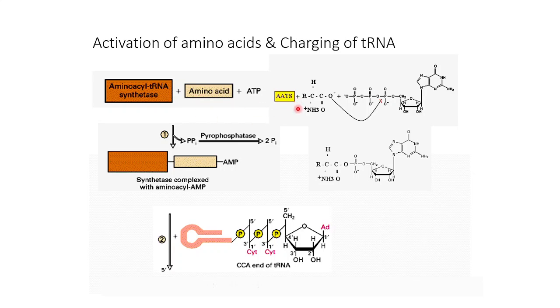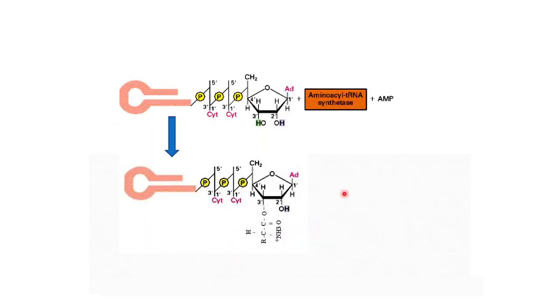So it is using this first. You have to charge the tRNA with that particular amino acid, okay, and then what you see over here is that it is basically charged. These are all the charging steps and the different arrangements that are happening over here.